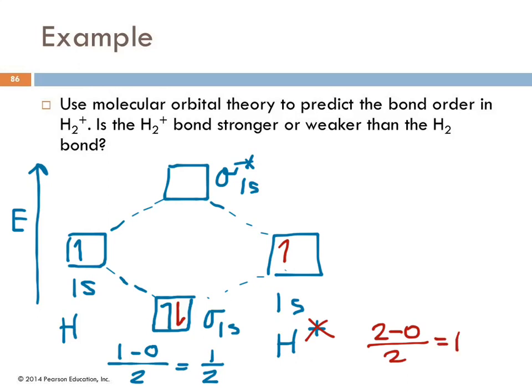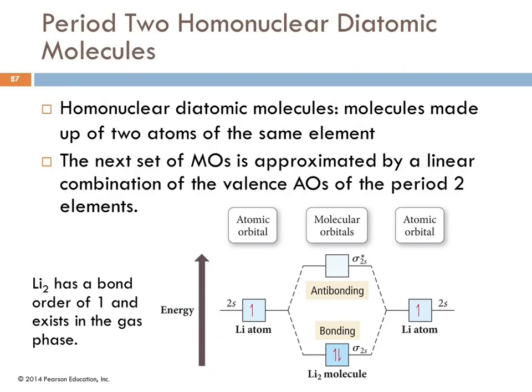More positive bond order, stronger bond. Questions? So that was period 1, hydrogen and helium. Let's look at period 2.